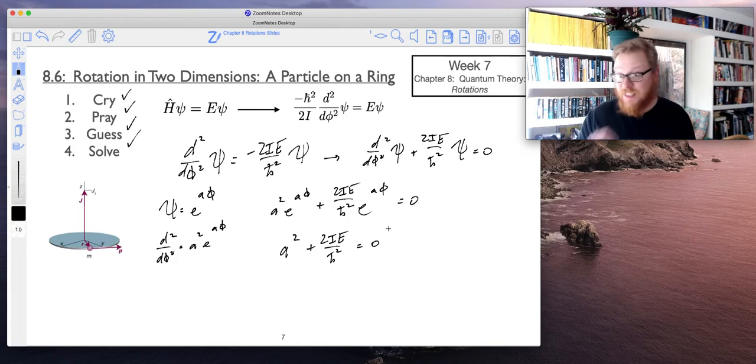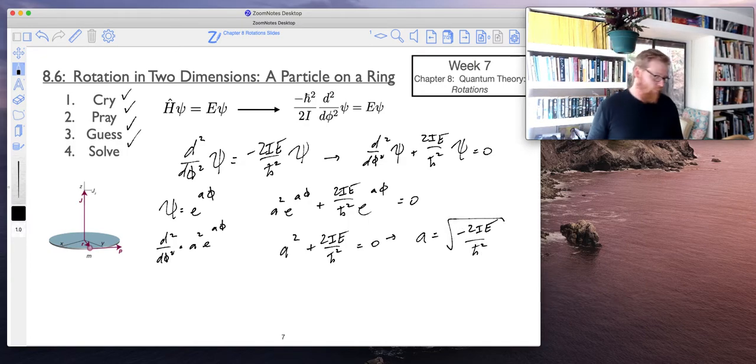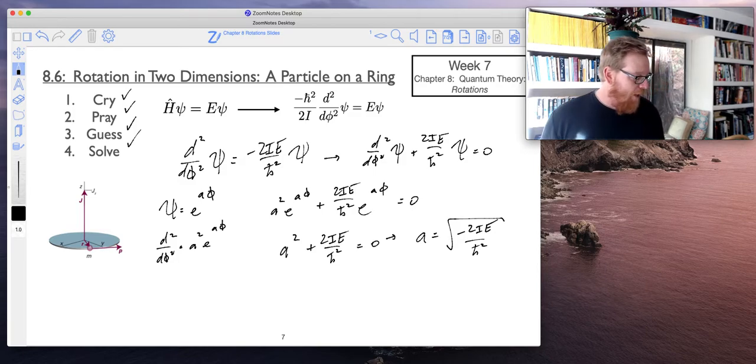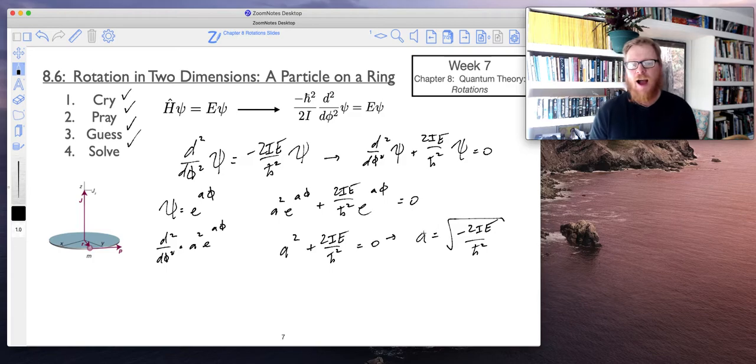And I think you can see where this is going. We're going to get imaginary roots. So a equals the square root of negative 2IE divided by h bar squared. Now I'm going to use some foreshadowing here and use a different letter than a.